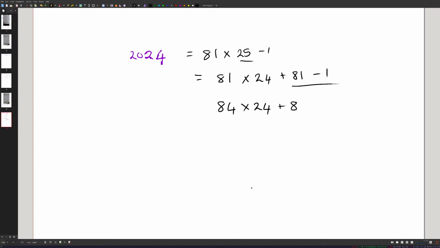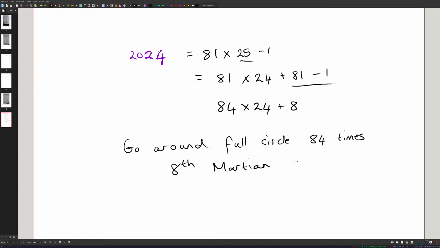We're going to go around the full circle 84 times, and then the 8th Martian is going to call out the 2024th number. The 8th Martian calls out 2024.